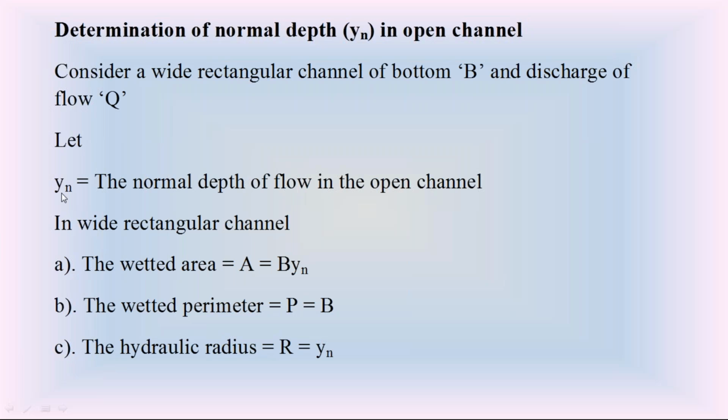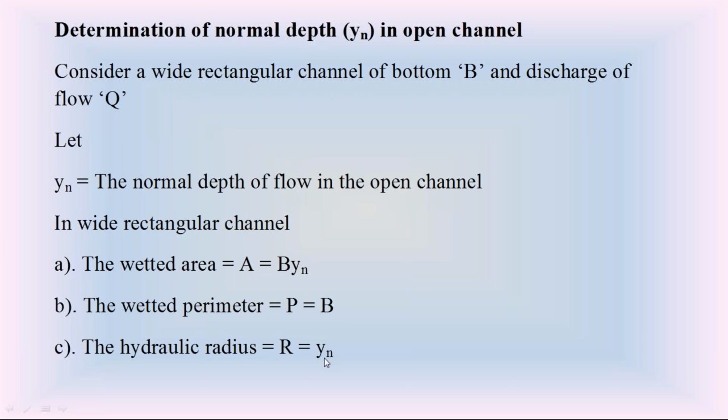Since B is far greater than Yn, the wetted perimeter P is equal to B. It is actually B plus 2Yn, but B is far greater than Yn, so 2Yn can be neglected. Then the hydraulic radius R is equal to A by P, which is B into Yn divided by B, so it is Yn.